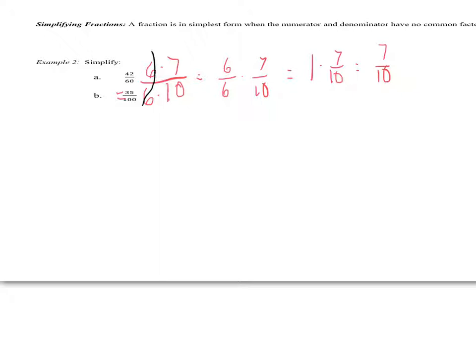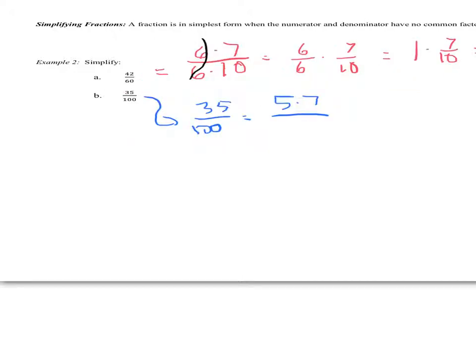Looking at that bottom example, we have 35 over 100, and I can take my 35 over 100 and rewrite that as 5 times 7 over 5 times 20.